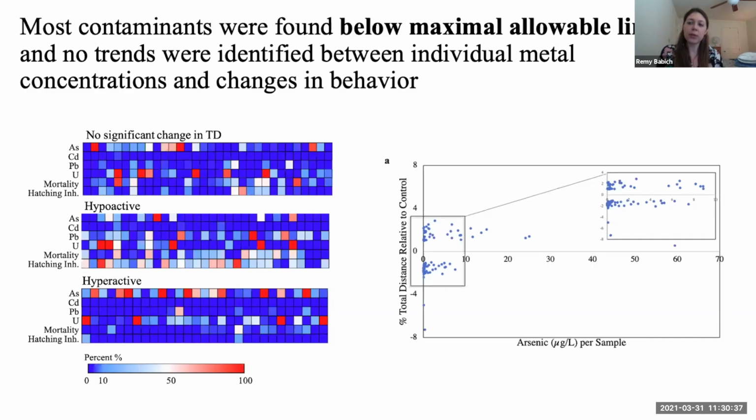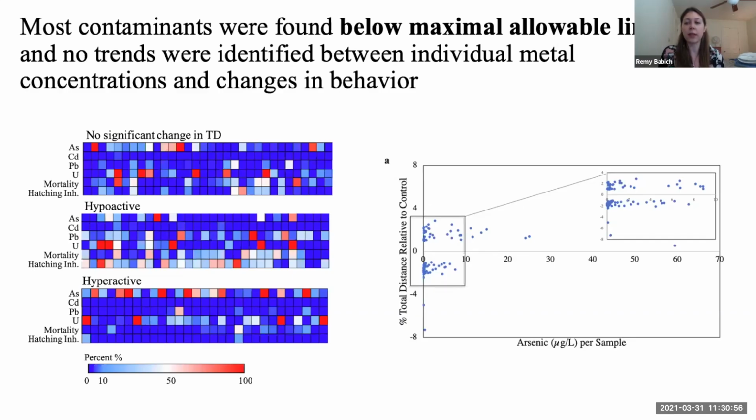For the study, we analyzed exposure to 92 samples total. 31 resulted in hypoactivity, 29 resulted in hyperactivity, and 32 samples showed control-like behavior when compared to our egg water controls. Each column within a section represents a sample.